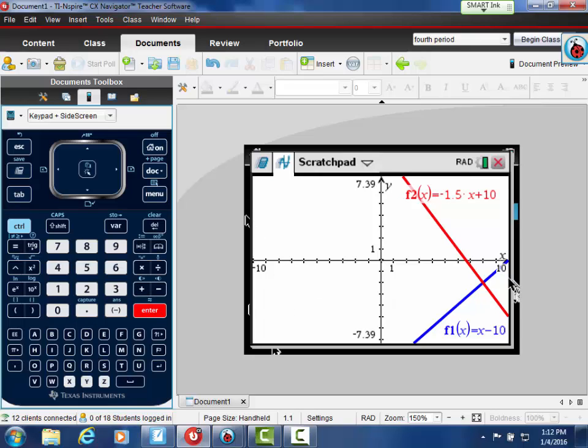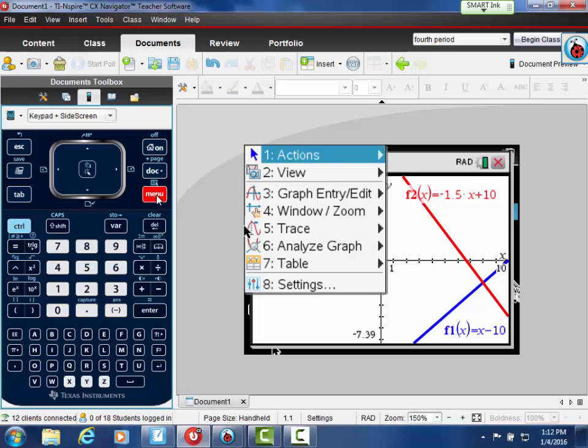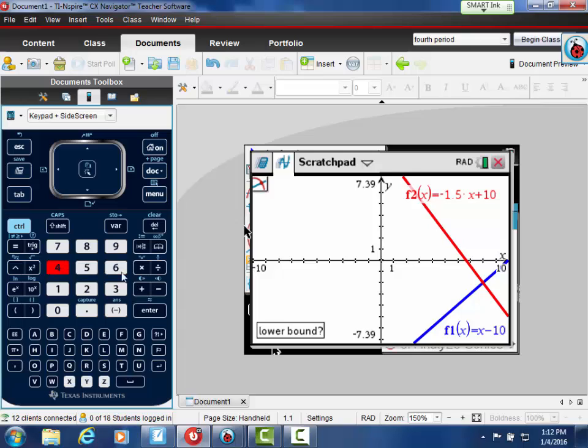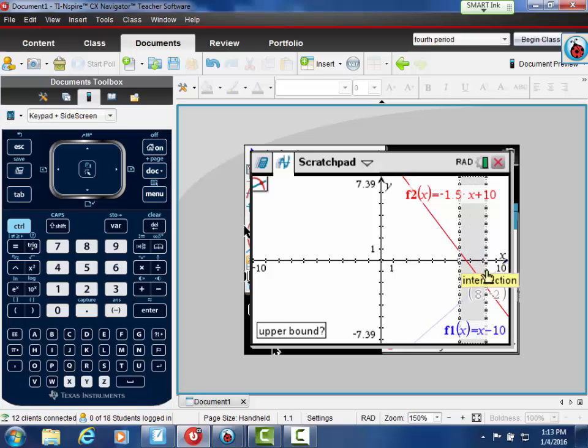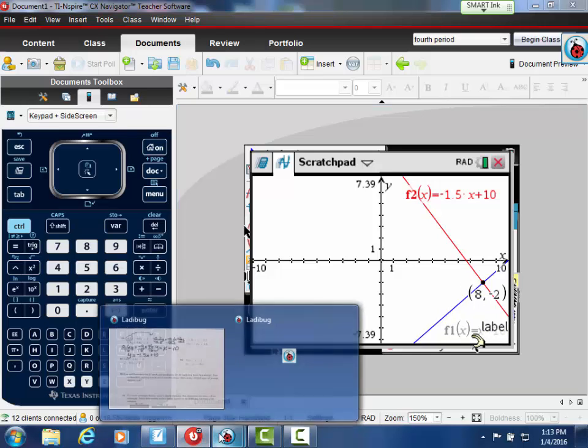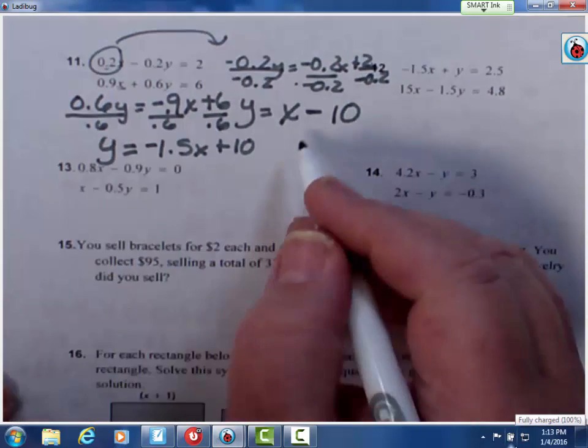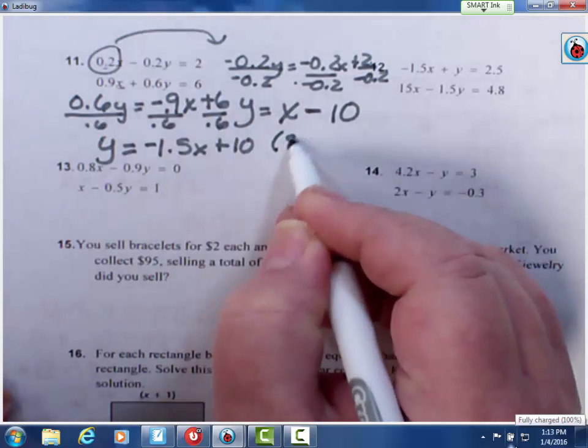Okay, and we can see that the two lines intersect here, so to find out what that point is, we'll do menu, 6, 4, and then we will set our boundary line to the left, hit enter, to the right, hit enter, and it tells us our intersection is 8, negative 2. So on our piece of paper, we're going to put our answer as 8, negative 2.